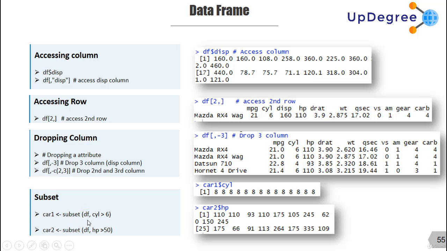In the subset function, you pass the data, comma, the condition, and based on that, once car1 is created, you can see that the cylinder column of that data frame has only cylinders which are more than 6. Similarly for horsepower you can see the result.